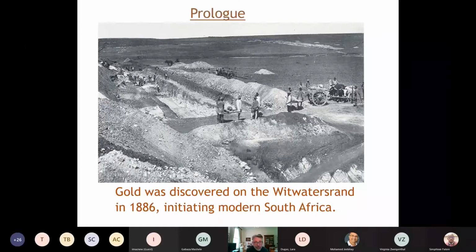Most were migrants. And until the 1970s, more than half of the migrant miners came from neighboring countries, particularly Lesotho, Mozambique, and to a lesser extent Eswatini and Botswana. More of that as we go on.